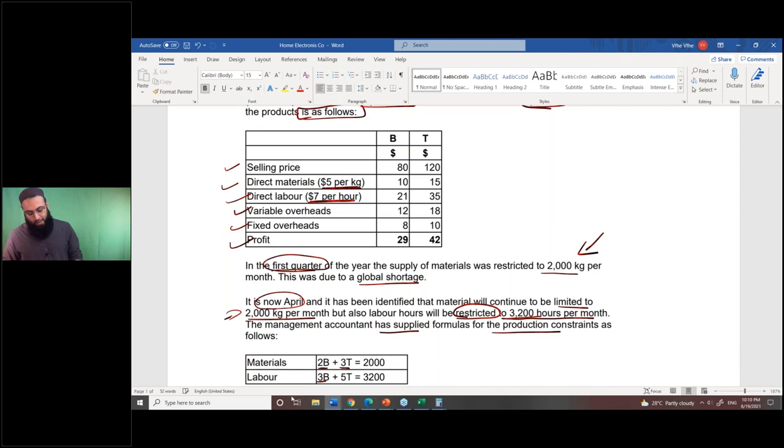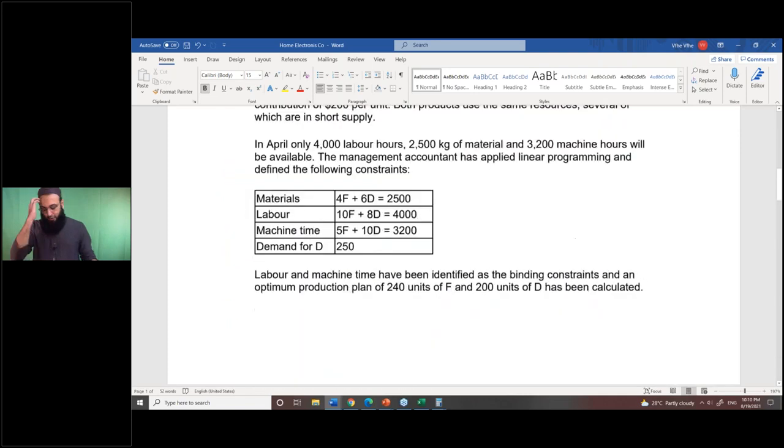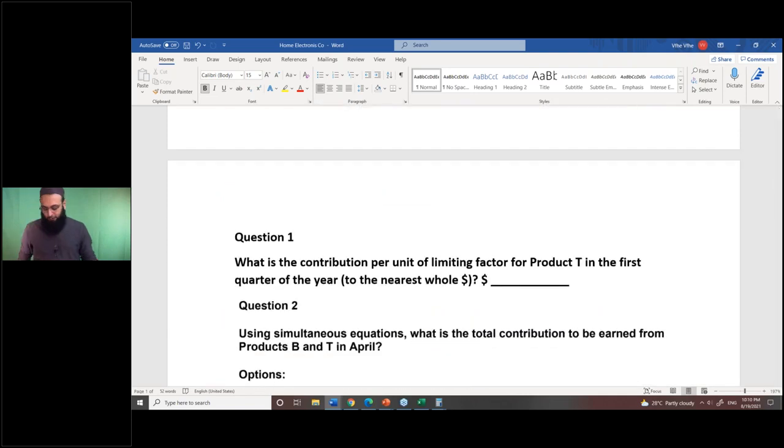For labor, 3 hours are required for B and 5 hours for T, with a maximum of 3200. Now, let's move towards the first question. What is the contribution per unit of limiting factor for product T in the first quarter, to the nearest whole dollar?